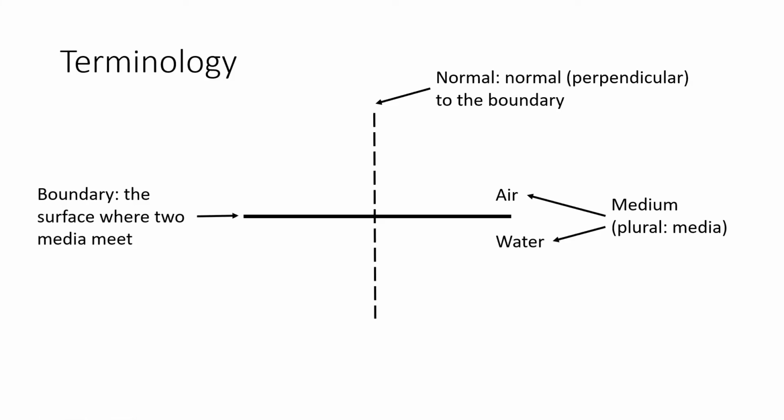It's not actually occurring, we draw it to help us. So what's happening? The light comes in here and it's bent. Refraction is the bending of light. At this level, we just need to know refraction is the bending of light. That's the incident ray and that's the refracted ray. So refraction is the bending of light going from one medium to another.